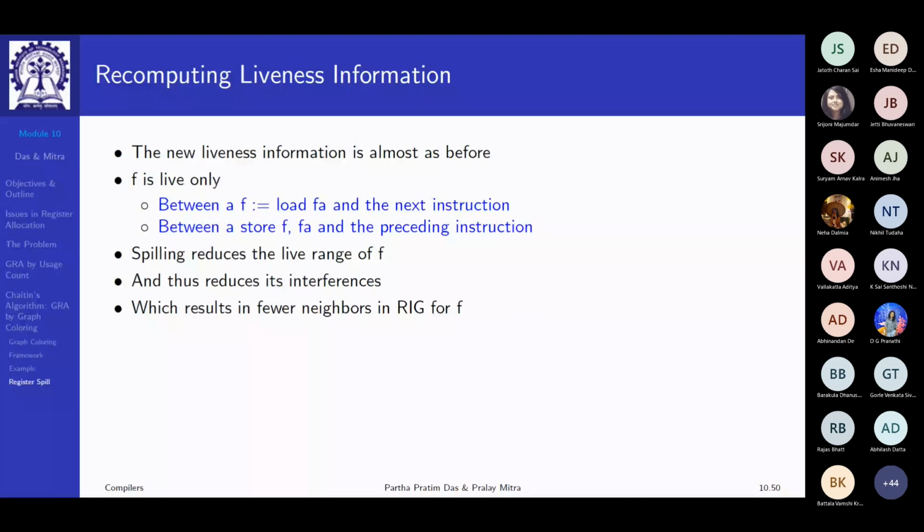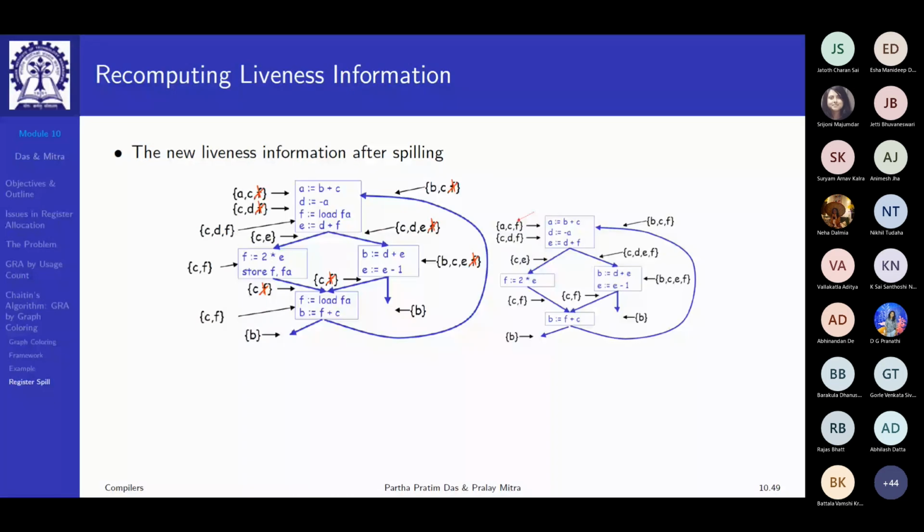If we go back to the code and see here, then I would prefer to spill that variable which has fewer uses and fewer definitions. Just a heuristic, because every use will introduce a load and every definition will introduce a store, right?